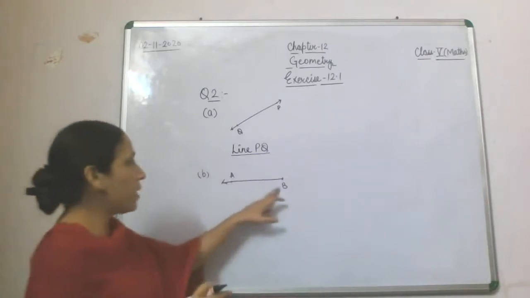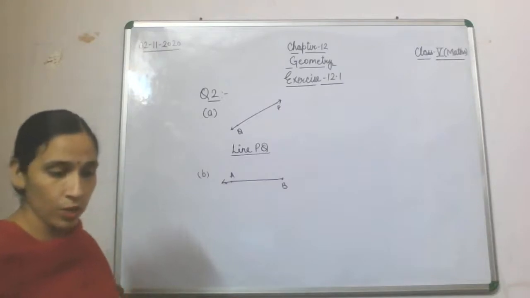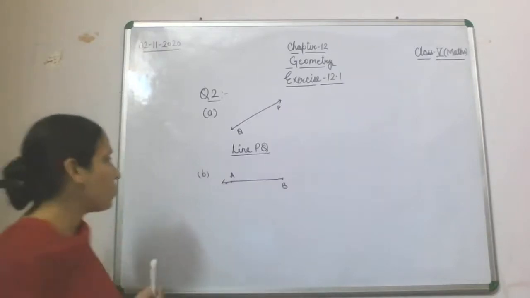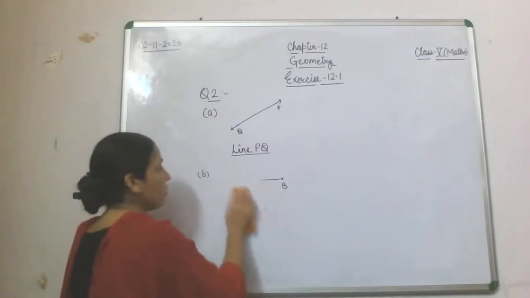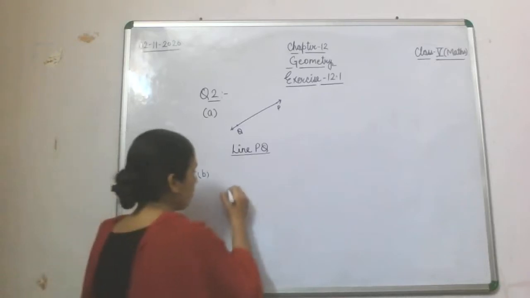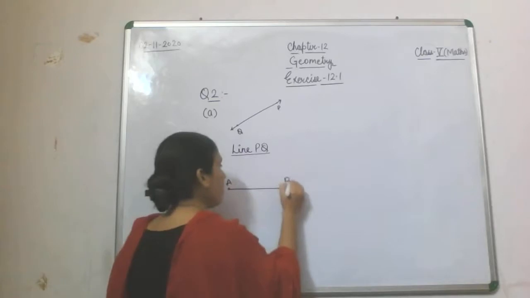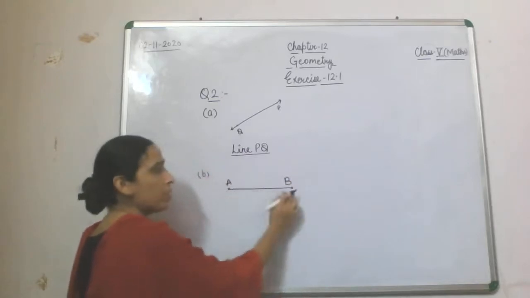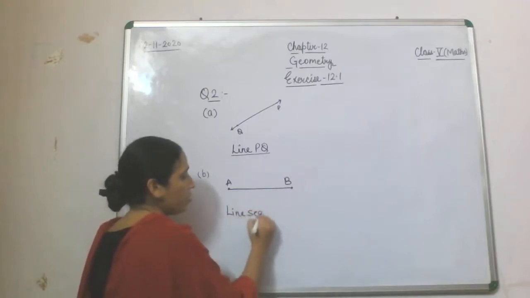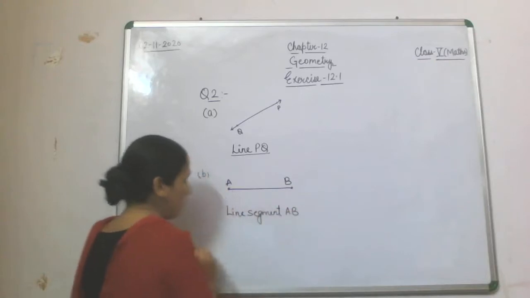It has one endpoint, but from the other it can be extended. That is not your B part. B part is this. A, B. Now here you can see two endpoints are there. So yes, it is of specific length. So it is line segment AB.